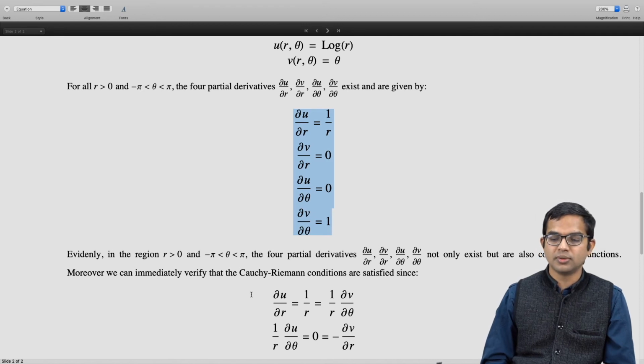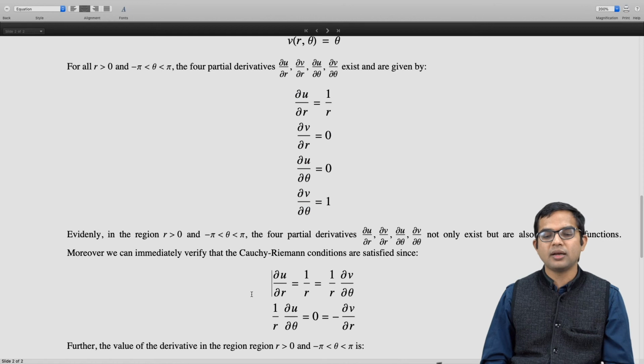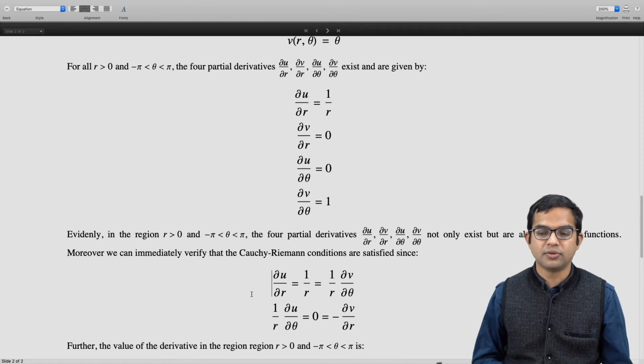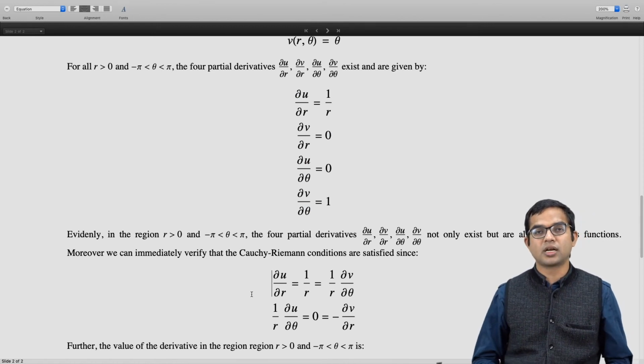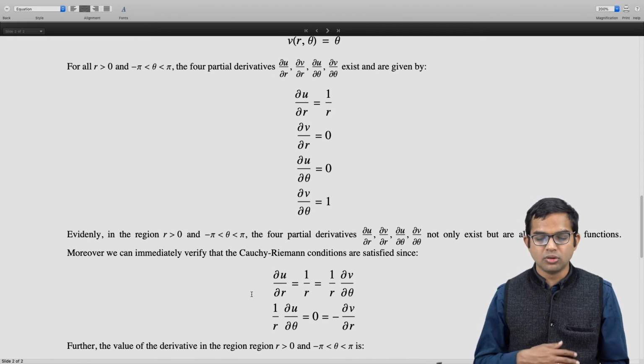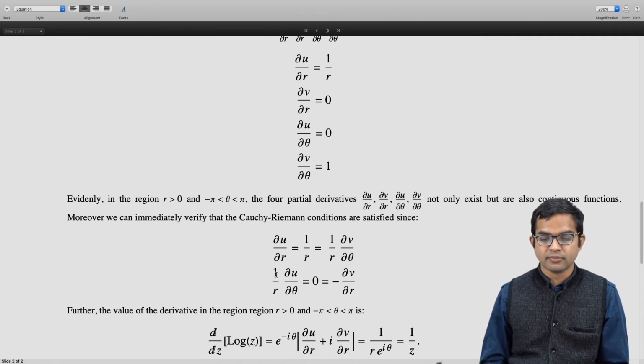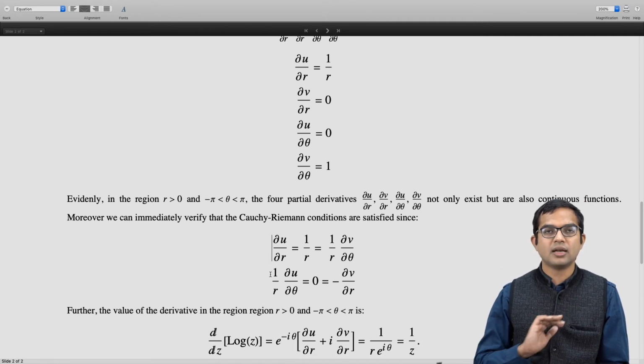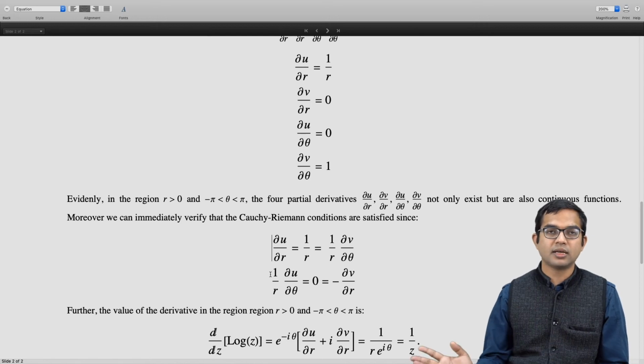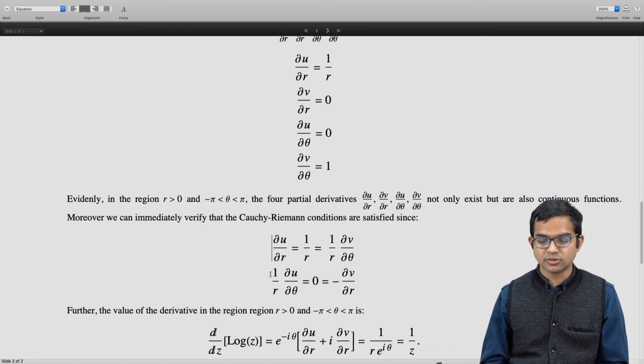So both the Cauchy-Riemann conditions hold, and these nice properties that we demand for the functions u of r comma theta and v of r comma theta also hold in this entire region, r greater than 0 and mod of theta less than pi. Therefore, the analyticity of the log function in this entire region is guaranteed, and so the derivative exists.